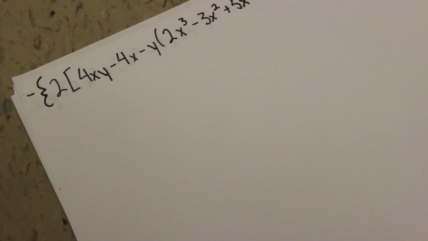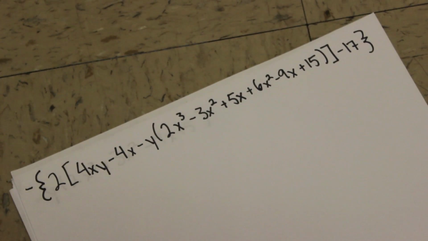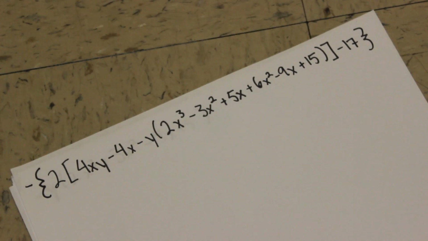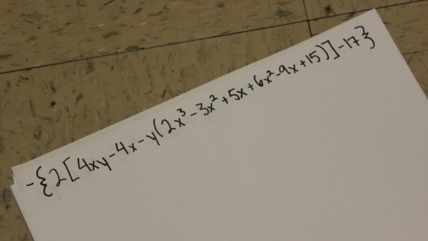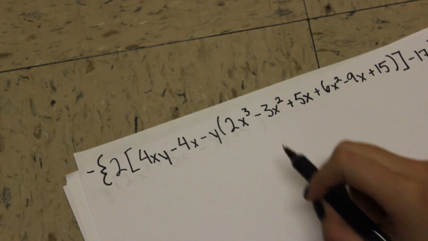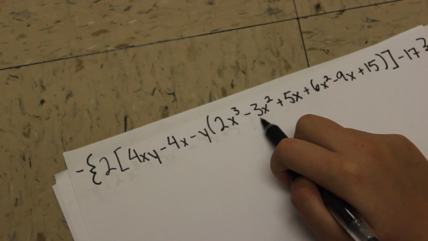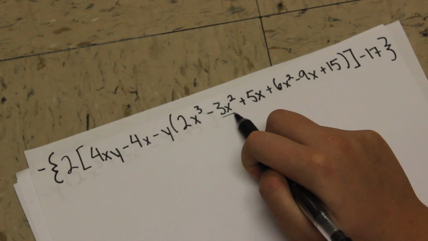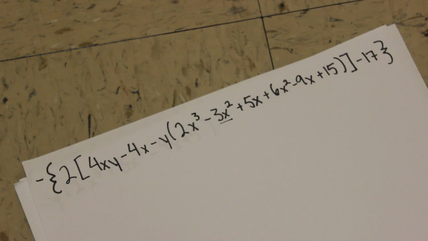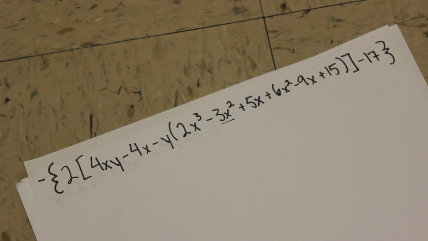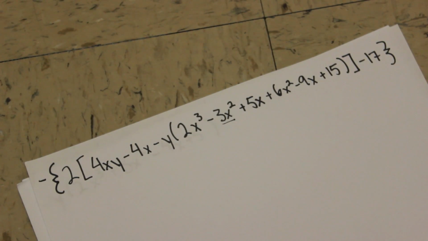And now, to combine like terms here, we combine three x. Did I do my math wrong? Wait. Should I try that? Yeah.